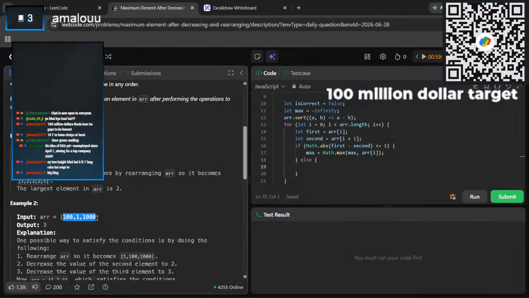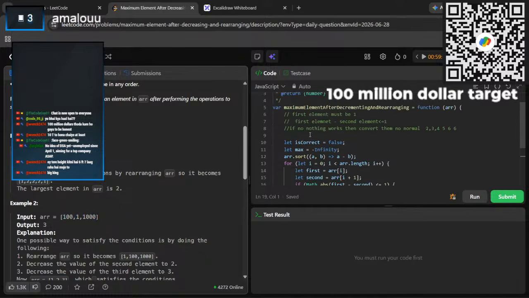If the number is not first, the check is whether my number starts with 1, which it will, since we have sorted everything.